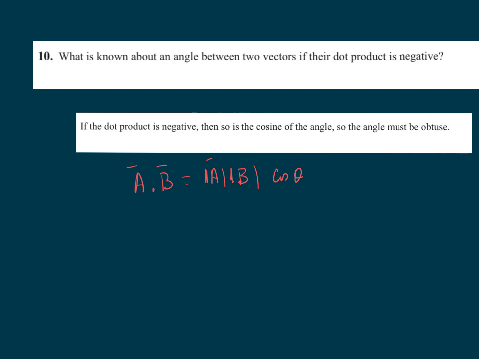If the dot product is 0, it's because the angle is 90 degrees. If the dot product is negative, it's because the angle is greater than 90 and smaller than 180.